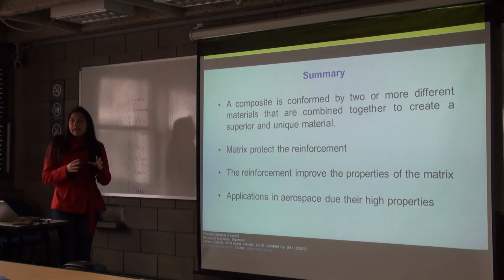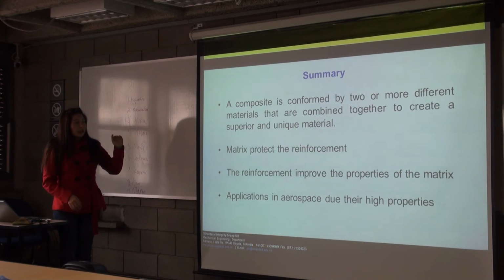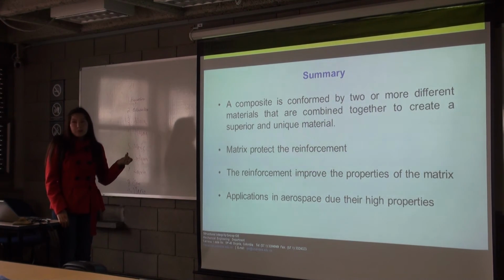Also, the main function of the matrix is to protect the reinforcements. Additionally, the reinforcements improve the properties of the matrix, and these kinds of materials are used commonly in applications like aerospace or automotive because these materials display high properties. But the main disadvantage is their environmental problems.